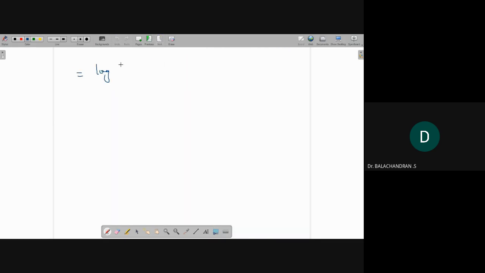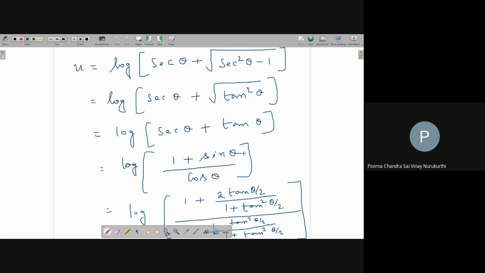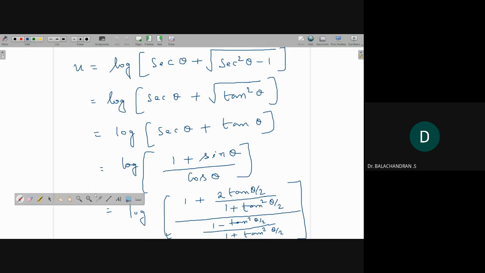Please tell, after taking LCM what you got: 1 plus tan square theta by 2 plus 2 tan theta by 2, by 1 minus tan square theta by 2. Thank you Purnachandra. Yes, correct.